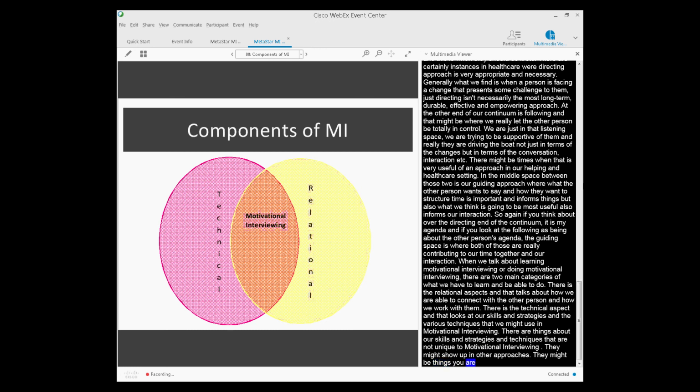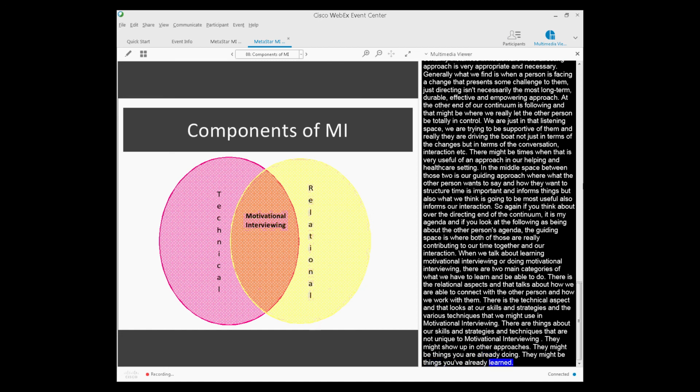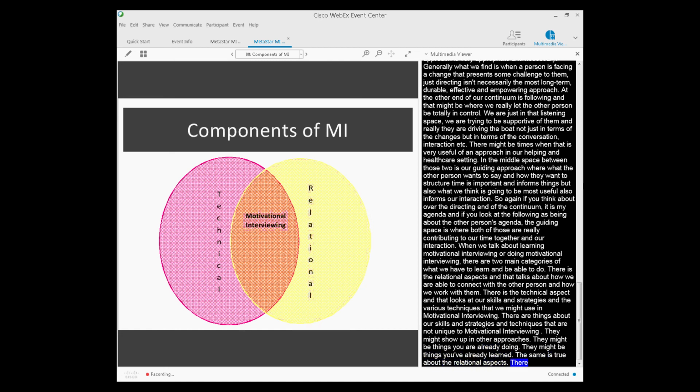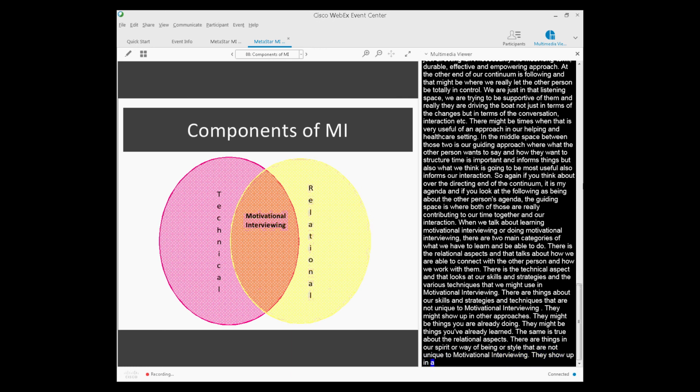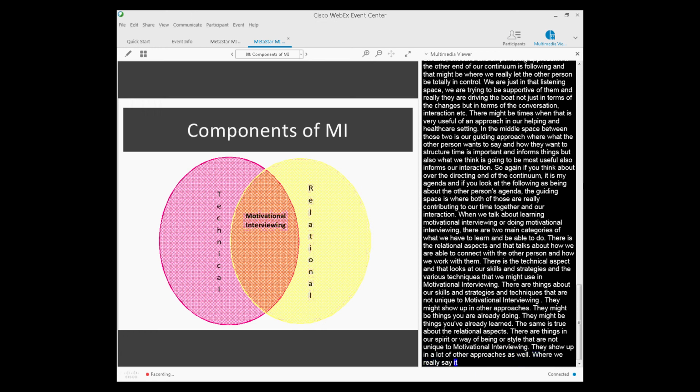And the same is true about the relational aspects. There are things in our spirit or our way of being, our style in motivational interviewing, that aren't unique to motivational interviewing. They show up in a lot of other approaches as well. And where we really say that it truly looks like motivational interviewing is where the two of those overlap.